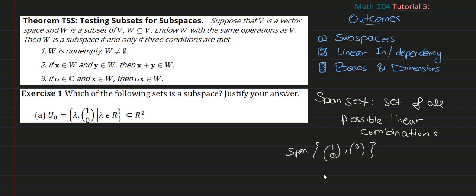To mention it in general format, it means that we have any constant times this vector plus any constant times that vector. For every corresponding value of a and b, where a and b both belong to the set of all real numbers, we will have a vector.